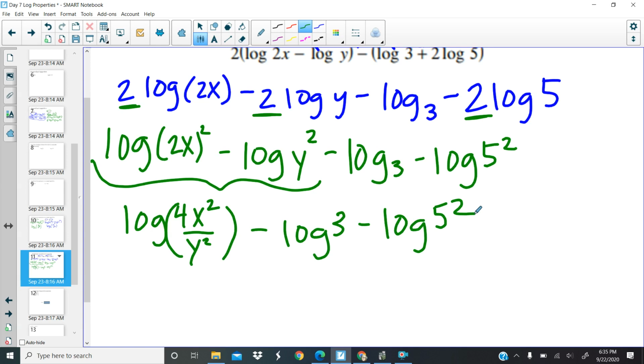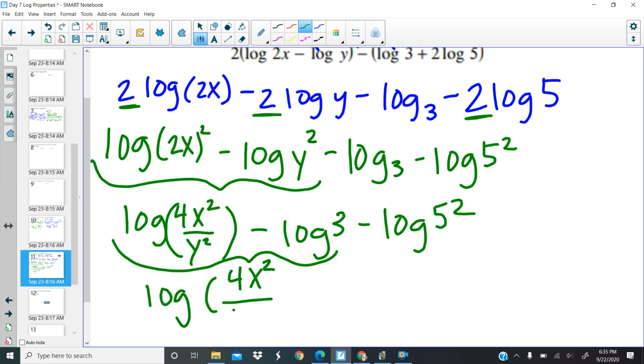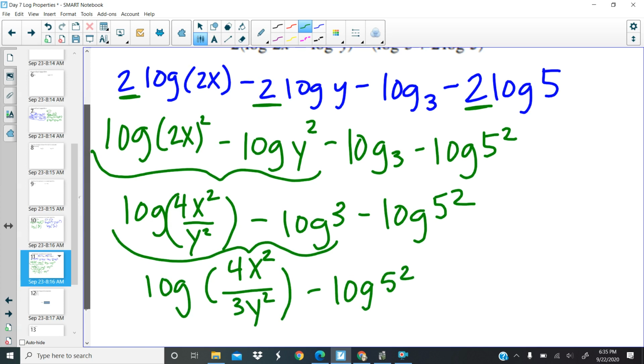And so the way that you go about that is that 3 is going to join the y squared in the denominator. So to put those two together, you would have log 4x squared over 3y squared, and then minus log 5 squared.